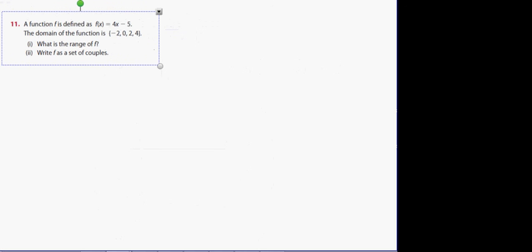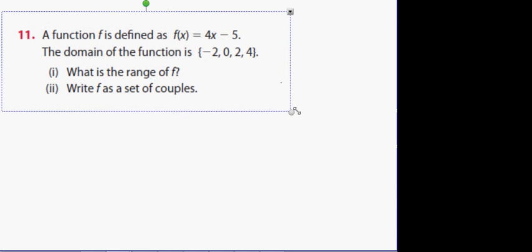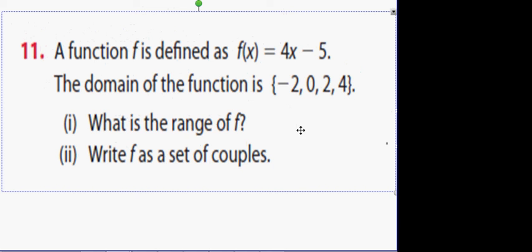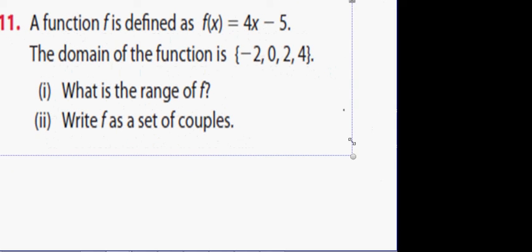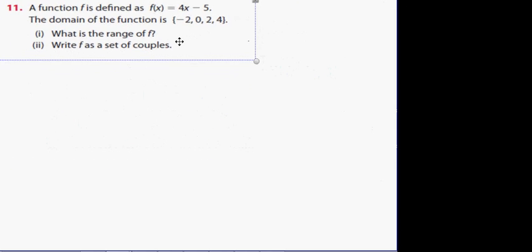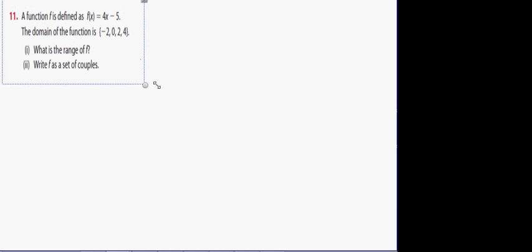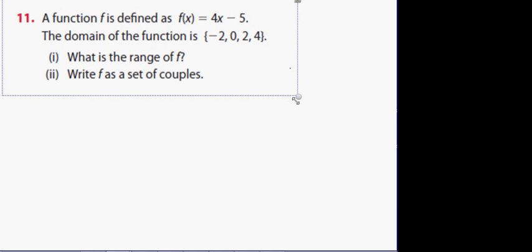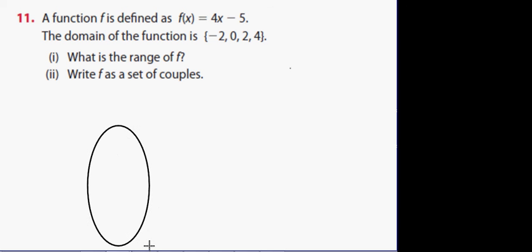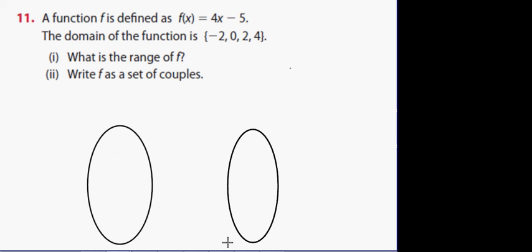Now, number 11. A function is defined as... That is fairly big. Right, a function f is defined as f of x is equal to 4x minus 5. The domain of the function is minus 2, 0, 2 and 4. What is the range of f? Let's do what we always do. I just like drawing these because they're easy.